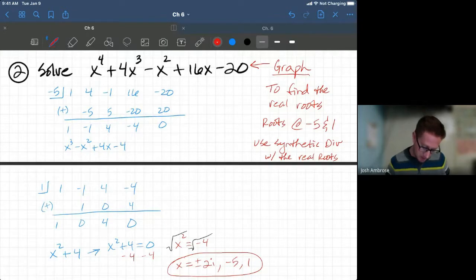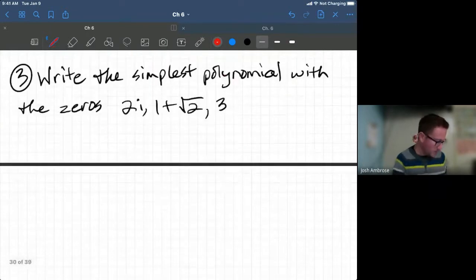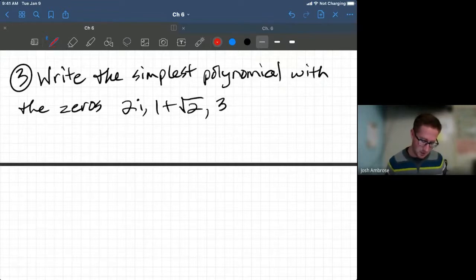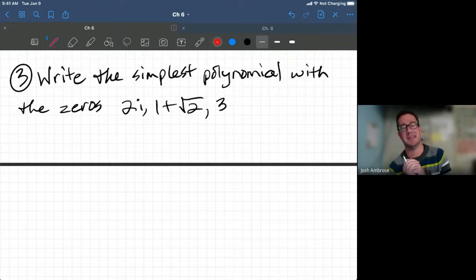Okay, so let's do our final problem, which takes some time. So here we go. Simplest polynomial that we can write, but here's the kicker. We are given complex roots, 2i. We are also given radicals with that 1 plus radical 2, and then of course the nice great just regular number 3.